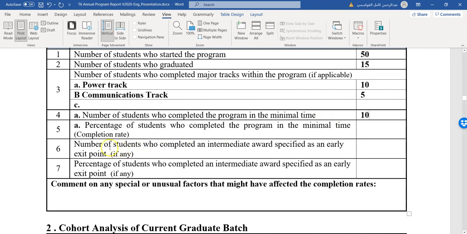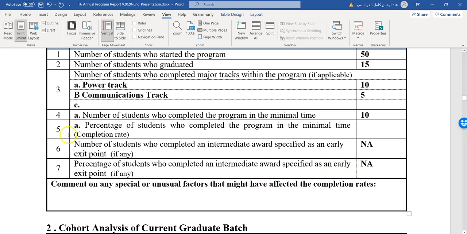And if you have a number of students who completed an intermediate award specified as an early exit point, we don't have it in our programs, so it is not applicable. And also for number 7, percentage of students who completed an intermediate award specified as an early exit point, also not applicable.